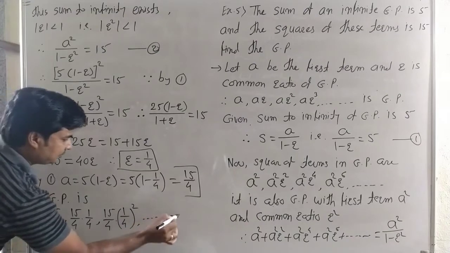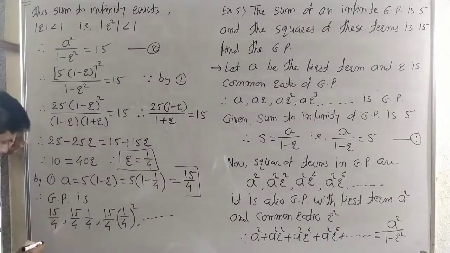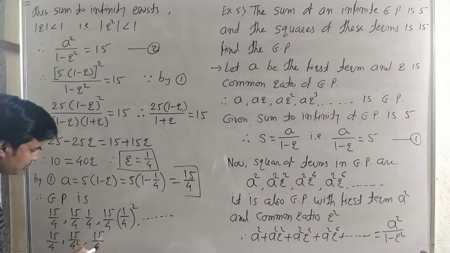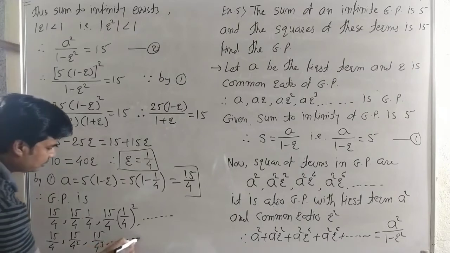Like that it is a geometric progression, and this we can also write as 15 by 4, comma 15 upon 4 square, comma 15 upon 4 cube and up to infinite.